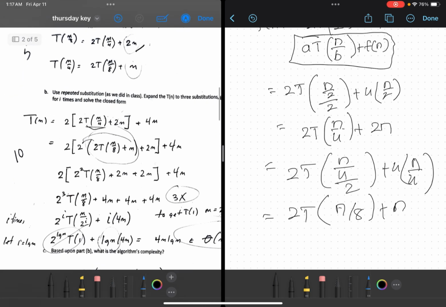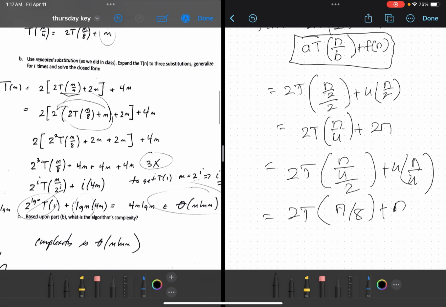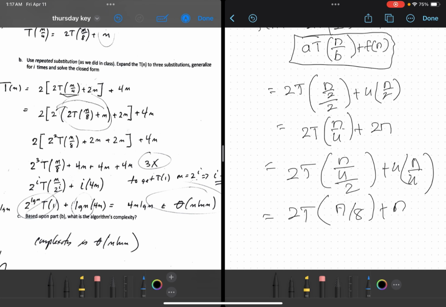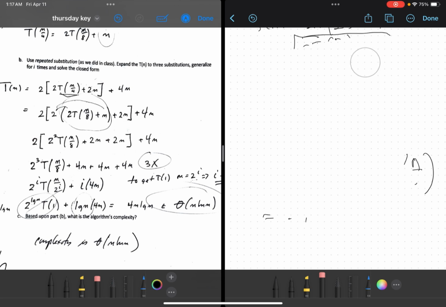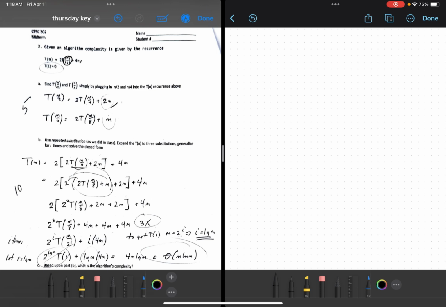And let's go to the next question. Use repeated substitution as we did in class, expand the T of n to 3 substitutions, generalize for i times, and solve the closed form. What you need to understand here is that the reason why we use repeated substitution is to find a closed form for the given recurrence relation. In the question, it is in the form 2T of n by 2 plus 4n.